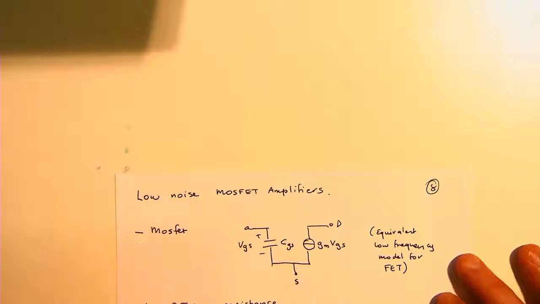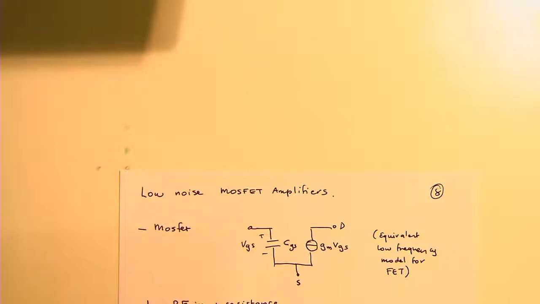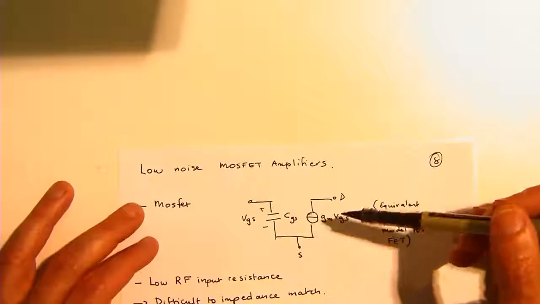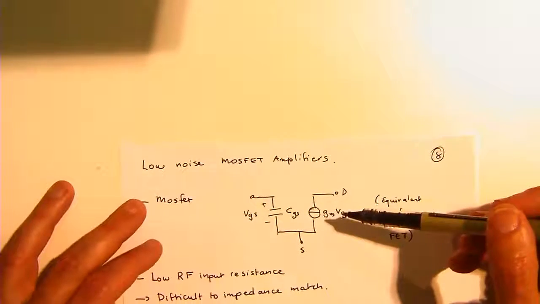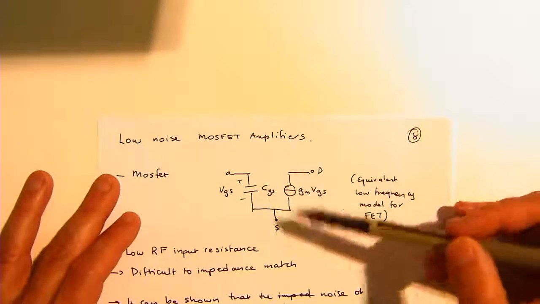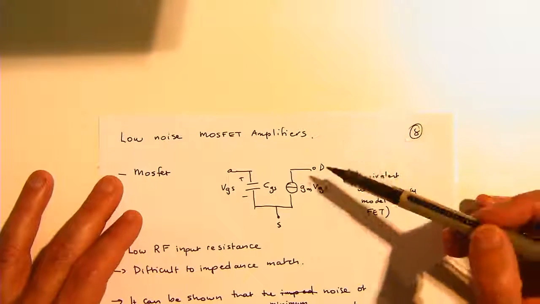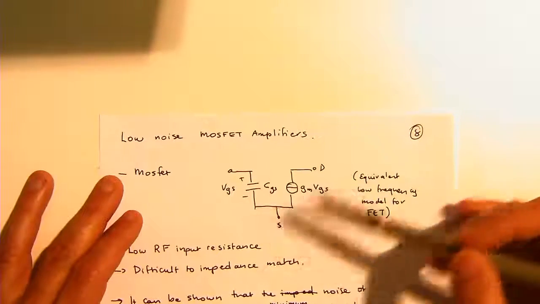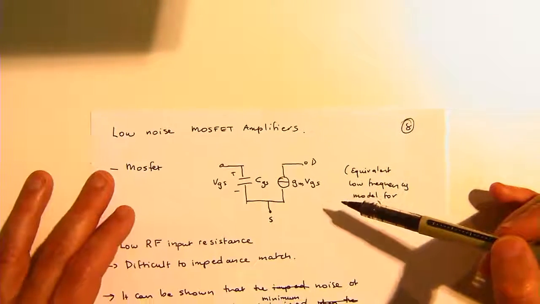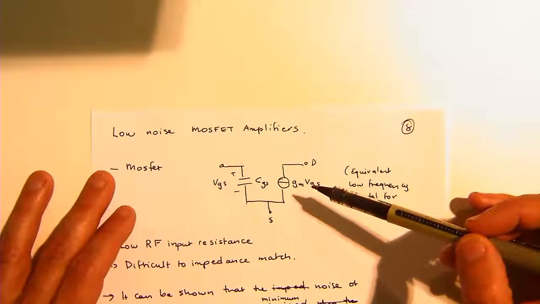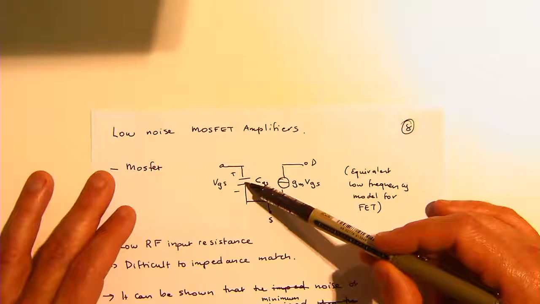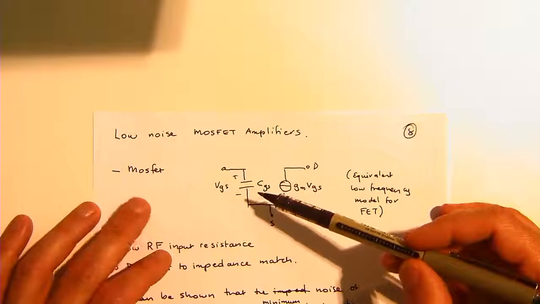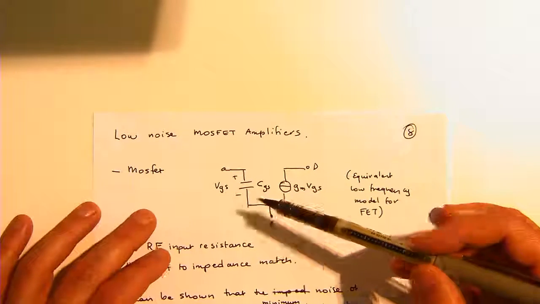And the trick is as follows. The first step is to say, well, I'm going to do my small signal model for a MOSFET. And you've all seen this before. This is your standard low frequency model for a FET. Can anyone tell me what all the elements of this model are? What's this? I know it's a capacitor. Good. Sorry? The gate capacitance.